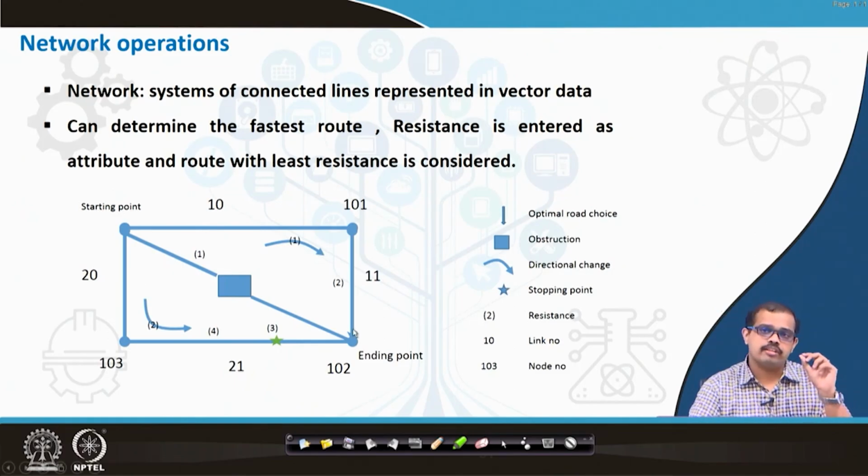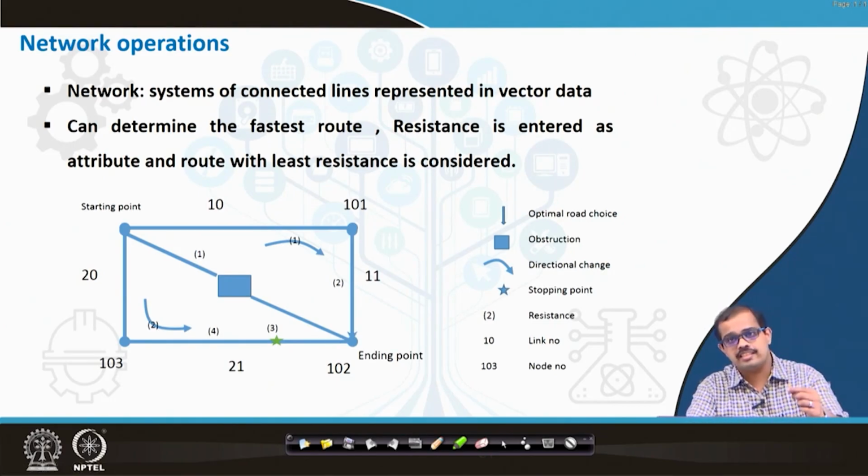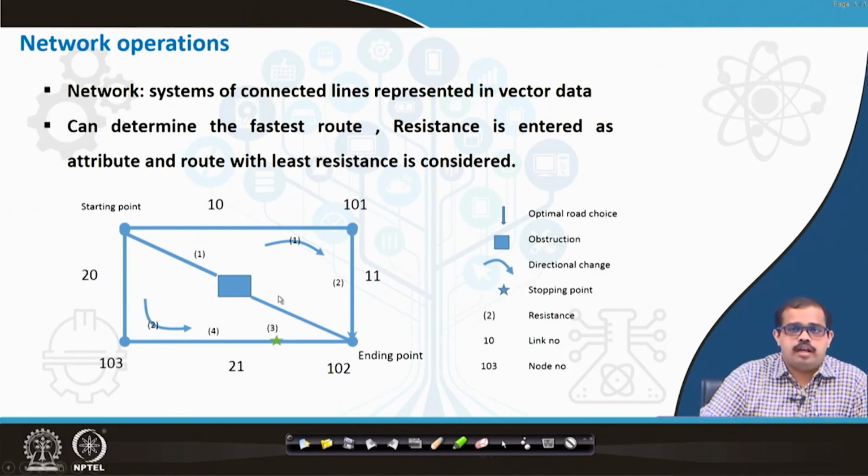It can help in determining the fastest route or shortest route, or even resistance can be entered as an attribute and the route with least resistance is considered. Let's say that I am solving a problem of an electrical issue in a particular building. There are a lot of wires moving out.